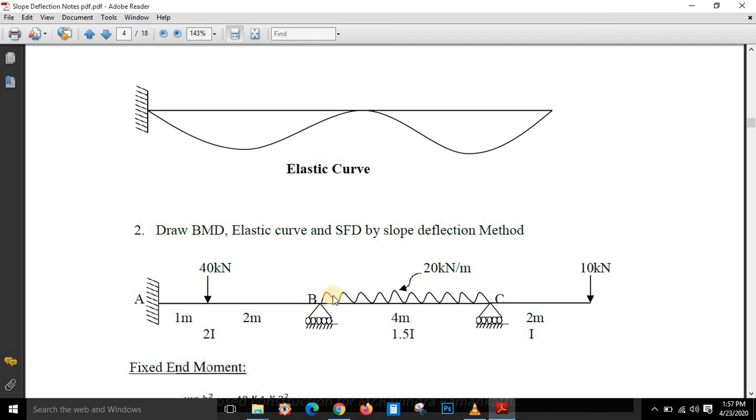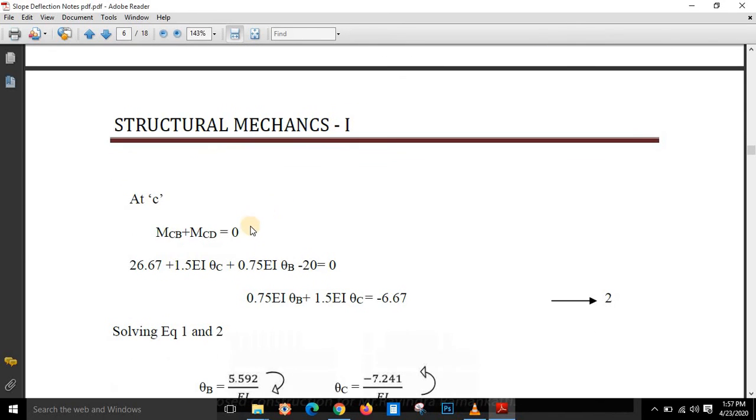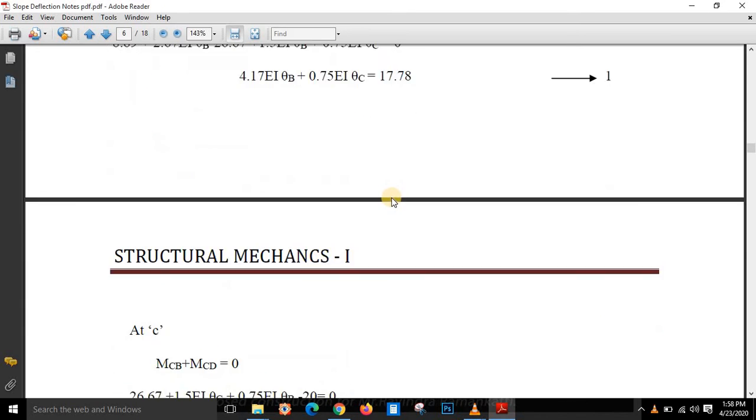I am going to consider the equilibrium equation as shown here. After considering this equilibrium equation, I am going to substitute the MBA and MBC equations. After substituting, the final equation I have got is like this, and I am going to name this equation number 1.